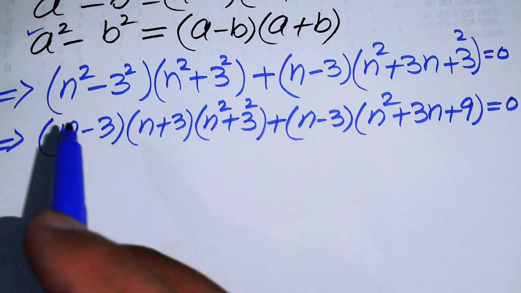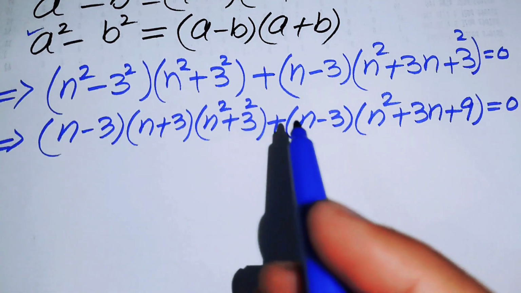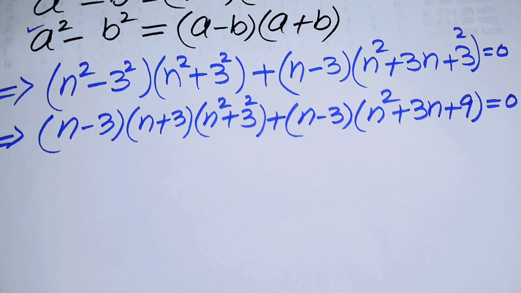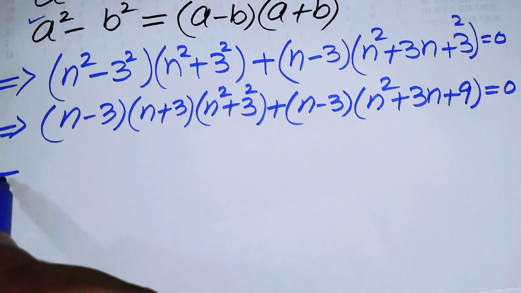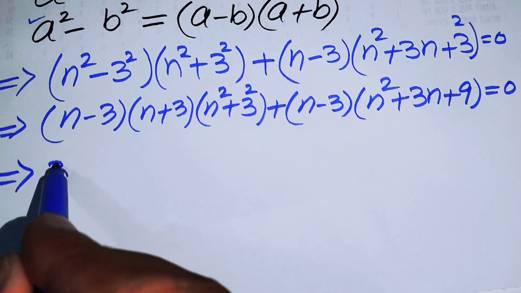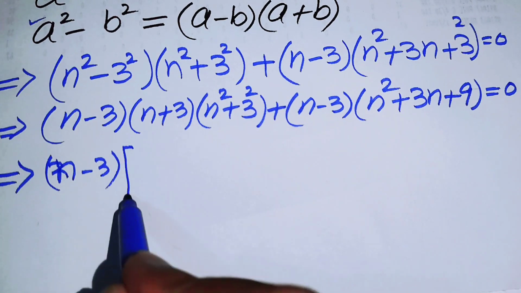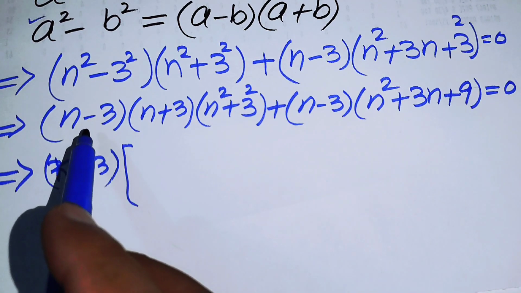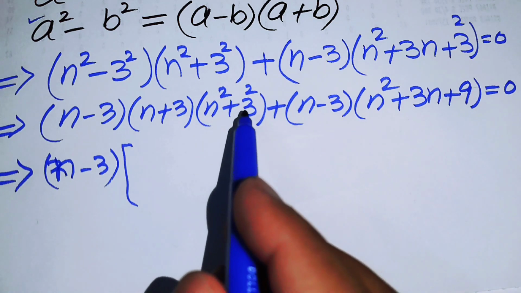And now you can focus on both of the terms, and you see that n minus 3 is present on both of the terms, so we will take n minus 3 common from both of the terms, and you get n plus 3 times n squared plus 3 squared.